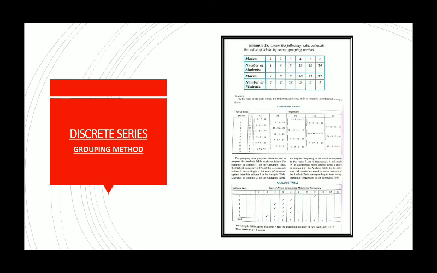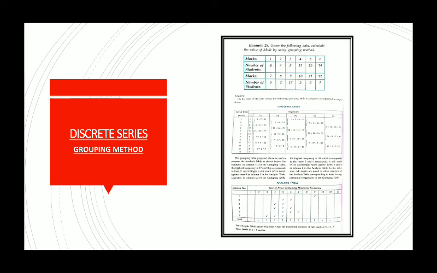Similarly, we will continue this process by putting a tick mark against the values whose sum total of frequency is highest. Like for 28 in the third column, we'll put a tick mark under 4 and 5. For 42, which is the highest in the fourth column of the grouping table, we'll put the tick mark under 4, 5 and 6.